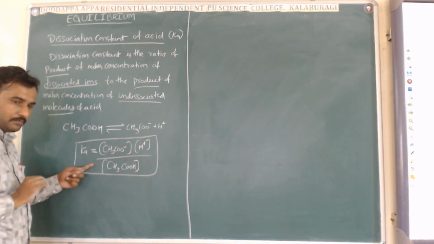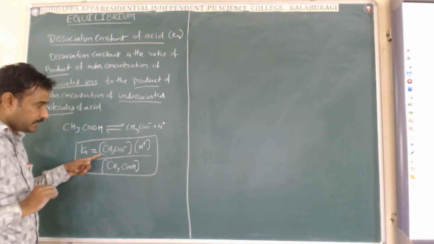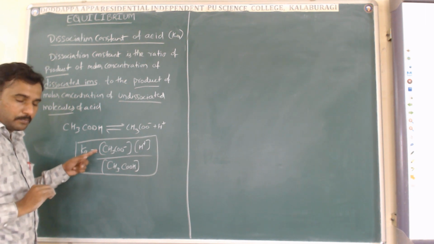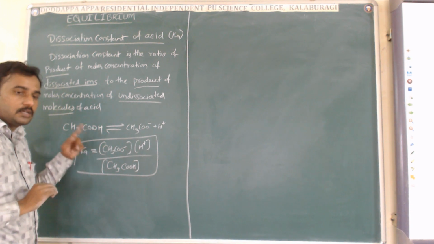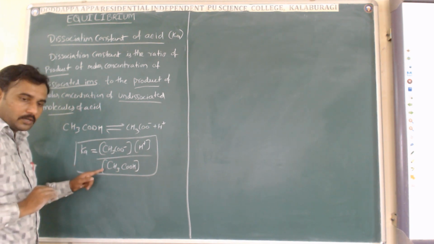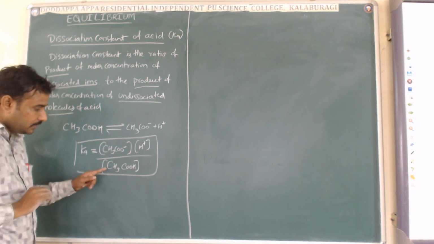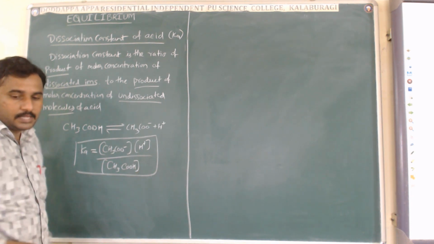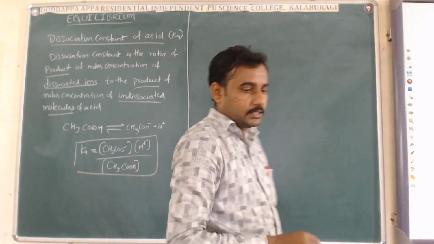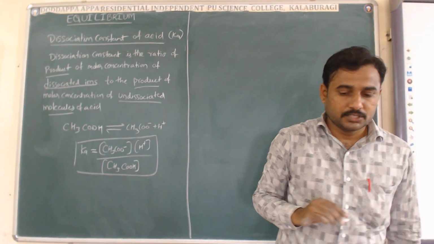It is the ratio of the product of the molar concentration of the dissociated ions to the product of the molar concentration of the undissociated molecule. So this is what we say Ka. Here the Ka is called the dissociation constant.